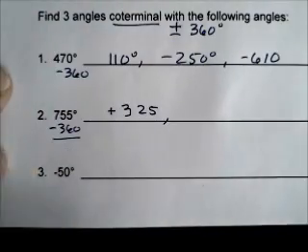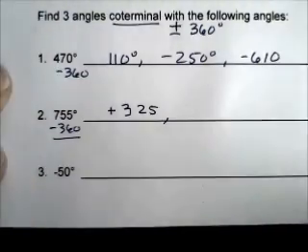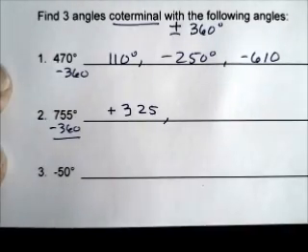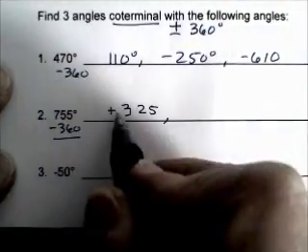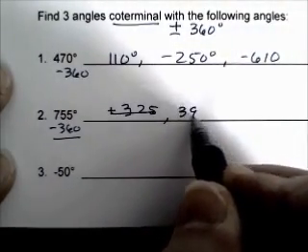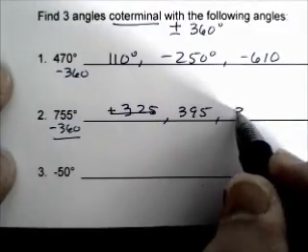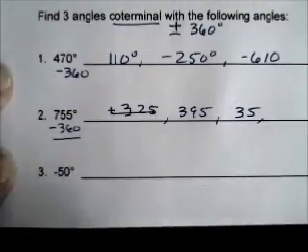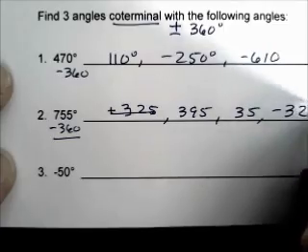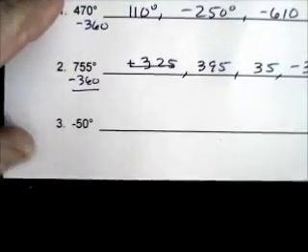All right, backtrack. 755, subtract 360, 395. Subtract another 360, 35. And then subtract 360, -325. And our last one, -50.